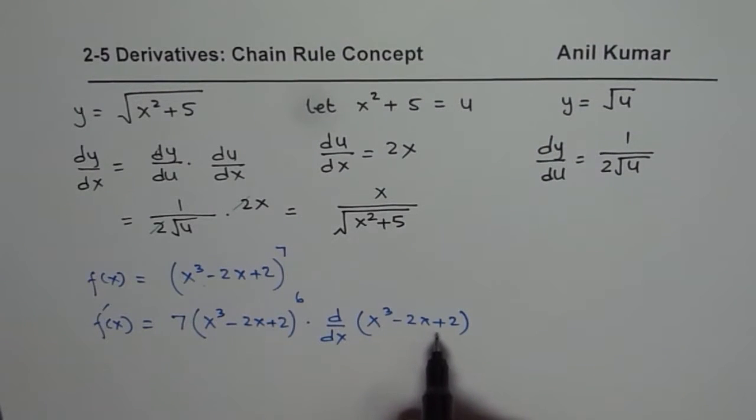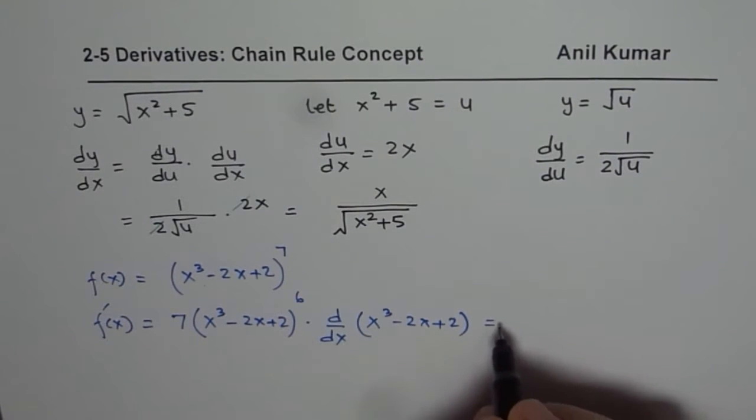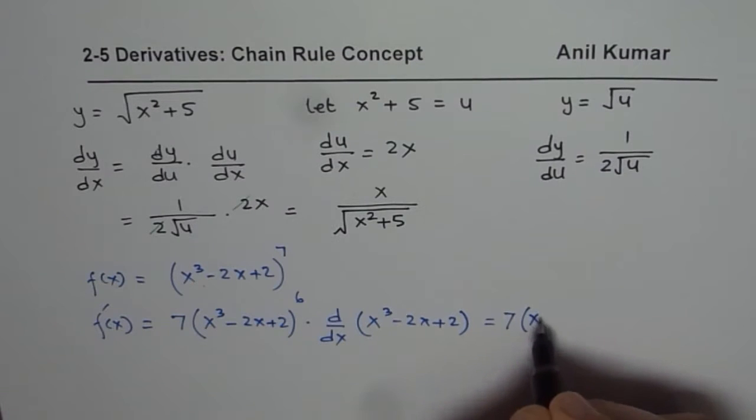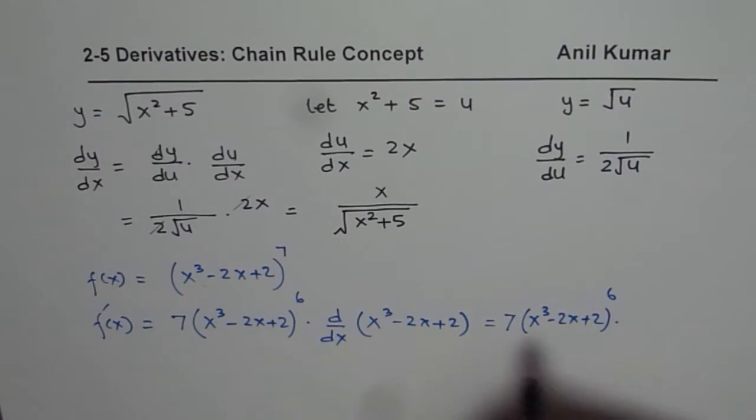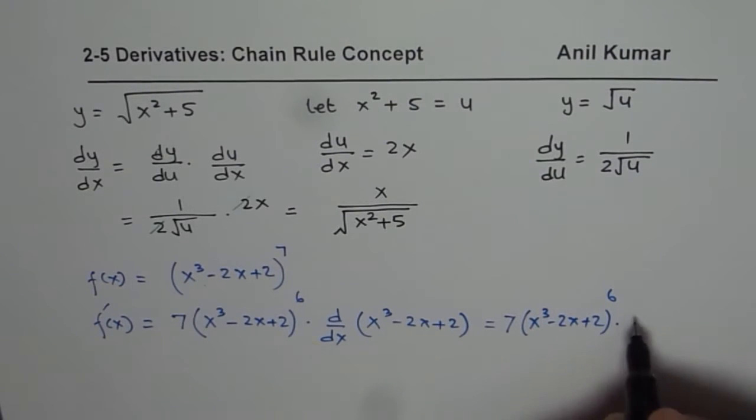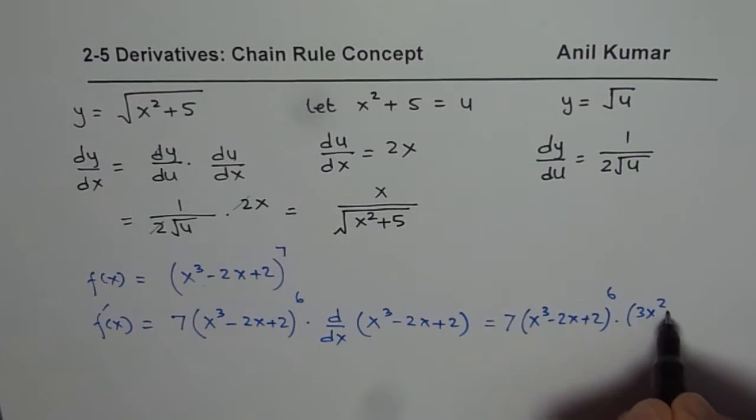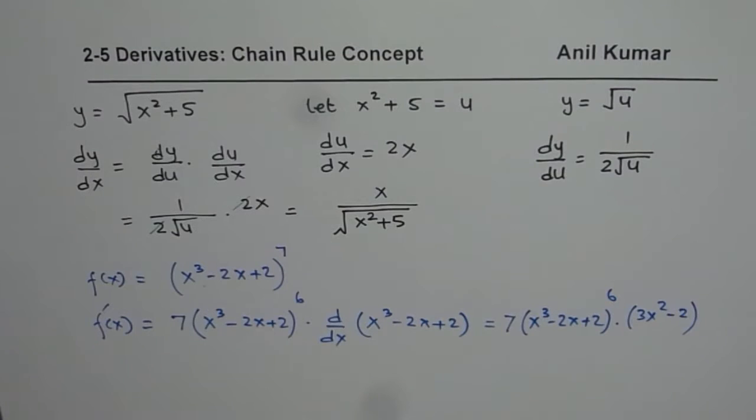Now we could find the derivative of this function. That is to say, the outside function derivative, which is 7 times x cubed minus 2x plus 2 to the power of 6, times the derivative of the inside function, which is 3x squared minus 2. So that becomes our answer for the given question, right?